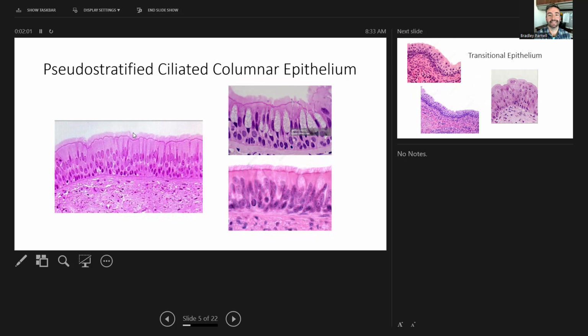Ciliated because of these tiny little cilia along the surface. So you can see those tiny little hair-like projections. We have these in our airways to sweep out the particles that we breathe in. With this type of epithelial tissue, we also have goblet cells. So these big pockets here of mucus are those goblet cells again.